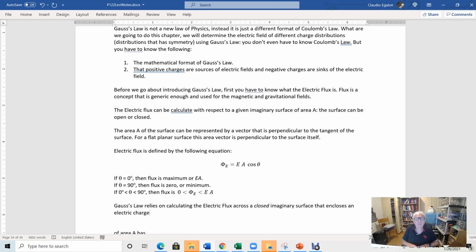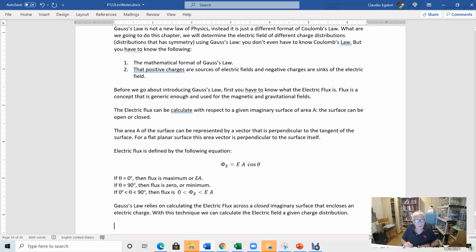Okay, I'm going to give you an example so you understand. With this technique, we can calculate the electric field of a given charge distribution. So how does it look?